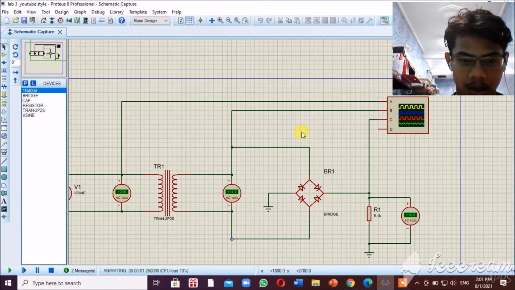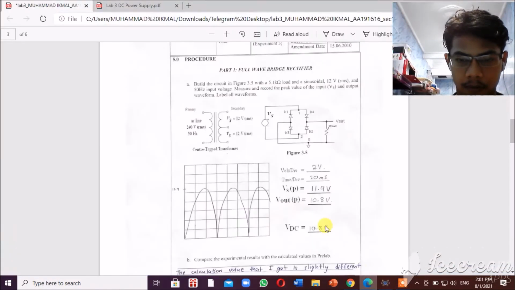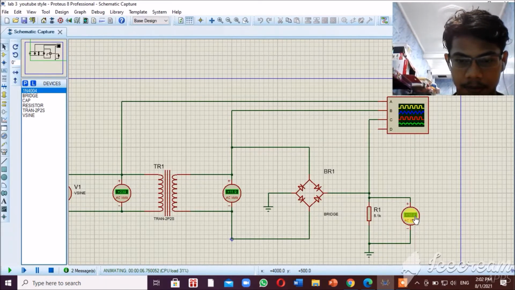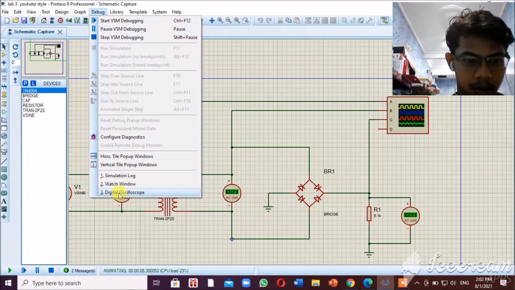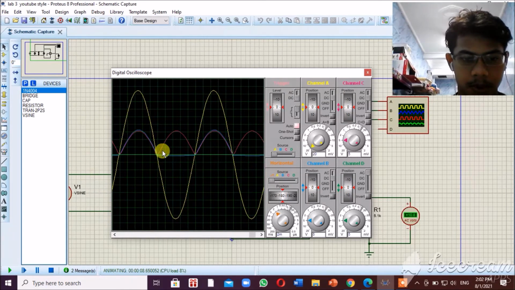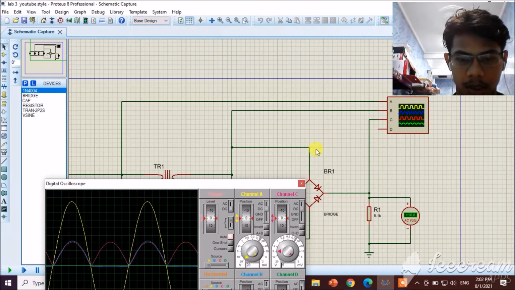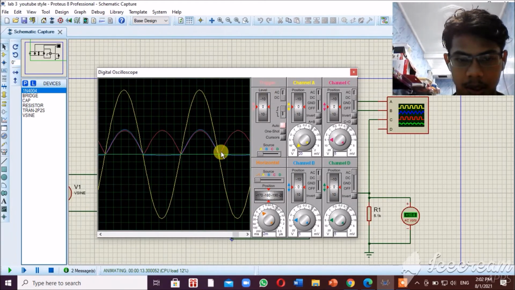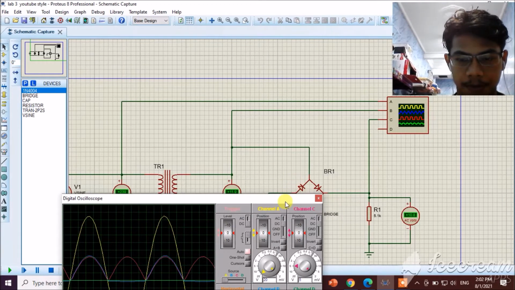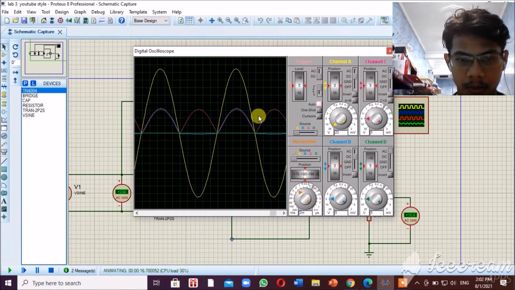The Vs that I got is 11.9 volt for VSP, and the VLP is 10.8 volt. The graph should be like this. The blue wave is the voltage before going through the rectifier, and the red is the output after the rectifier.